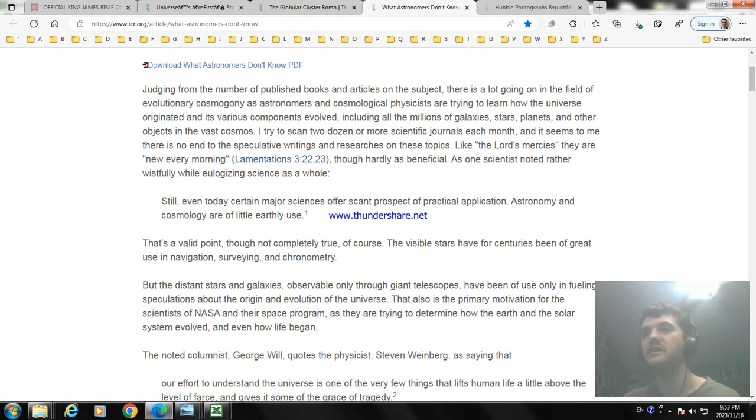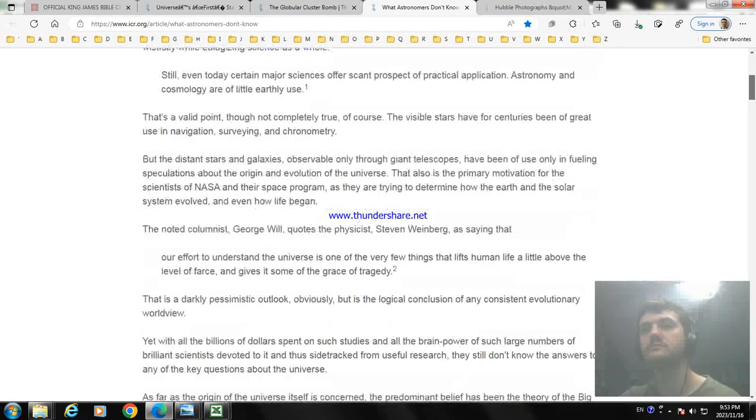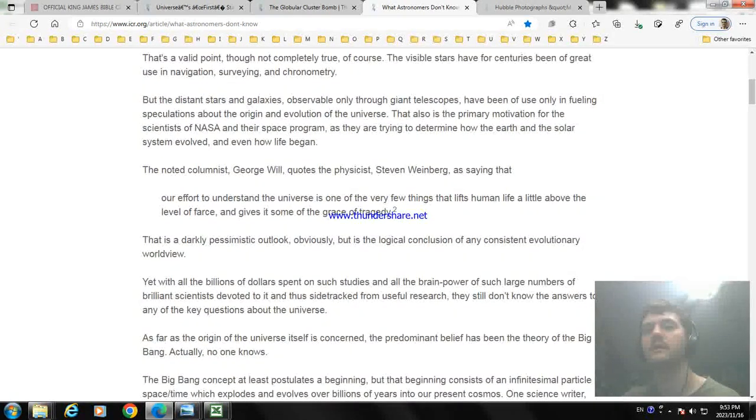And though hardly as beneficial, as the scientist noted rather wistfully, while energizing science as a whole, even today the major sciences, astronomy and cosmology, are of little earthly use. But these distant stars and galaxies, observable through giant telescopes, have been fueling investigations about the origin and evolution of the universe.